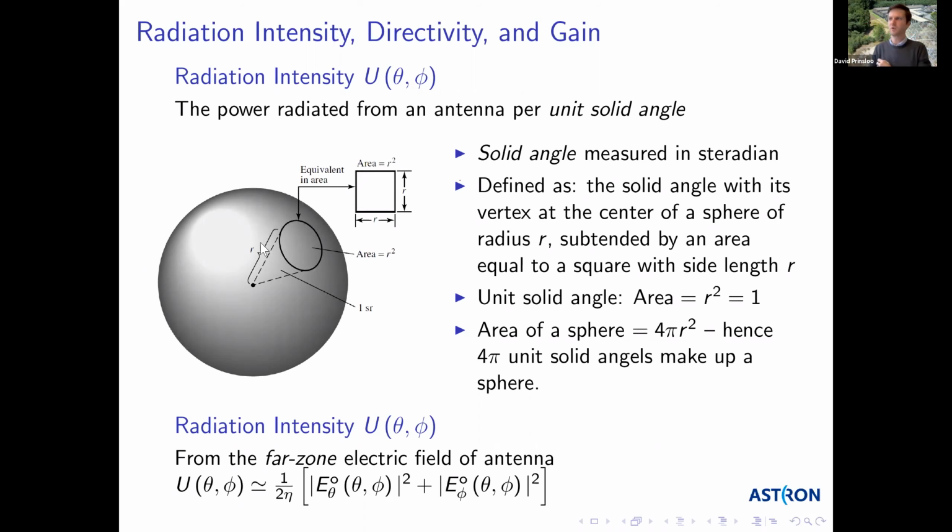So we make this radius 1. Now, this doesn't mean that we are actually looking at the fields at a 1 meter radius away from the antenna. This is just an approximation we apply to simplify our analysis. So we assume that this is a unit sphere, and we only look at the E field values at that angle when we're defining the radiation intensity.